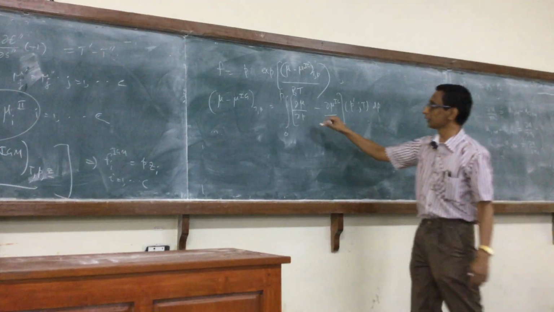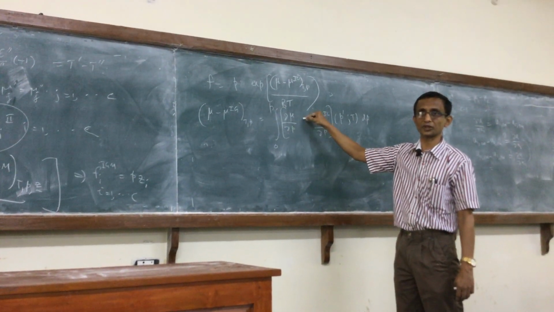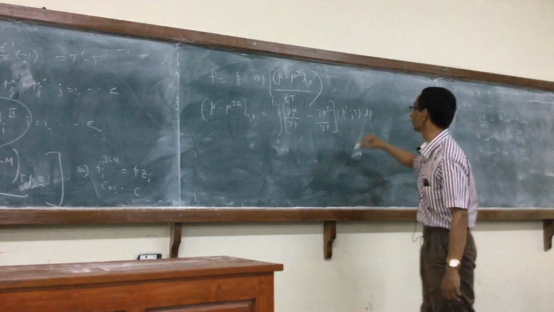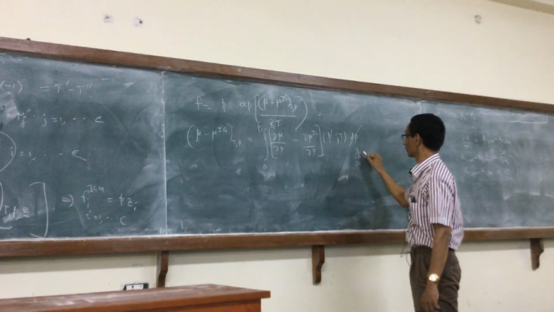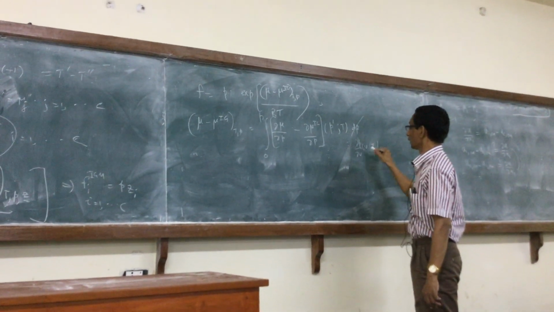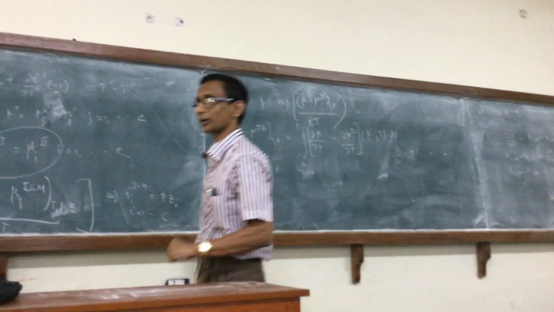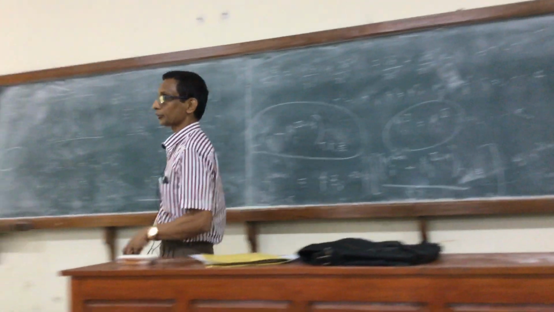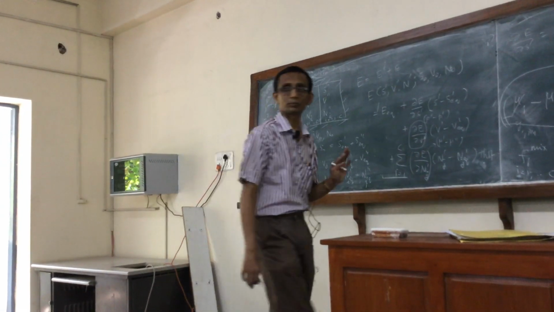Now you will see that dU by dP is not in terms of P as a function of T and V, but rather V as a function of T and P. So the way to do it is to convert this and so on, and then do a whole lot of manipulations, right? And then get to the final answer, which we did for S actually, if you recall.